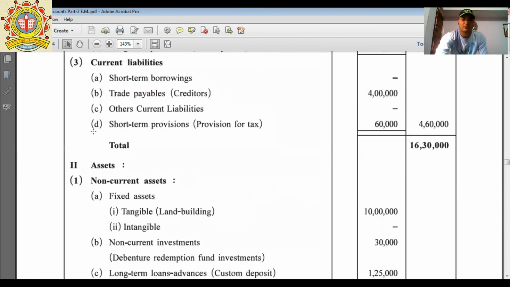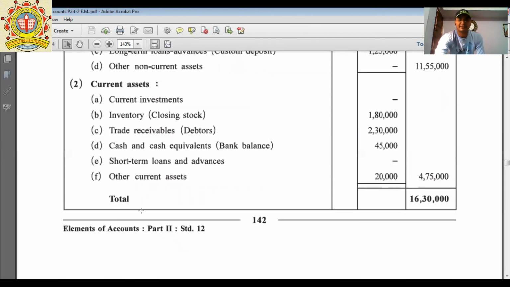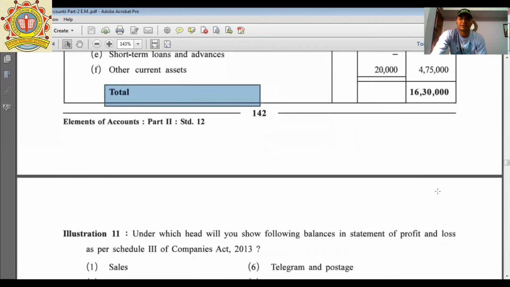Remember, the total of equity and liability must be the same as the total of assets, that is 16 lakh 30,000. If both are the same, we can assume that this sum is completely correct. So finally, we have completed the full-fledged balance sheet for equity, liability, as well as the asset side.